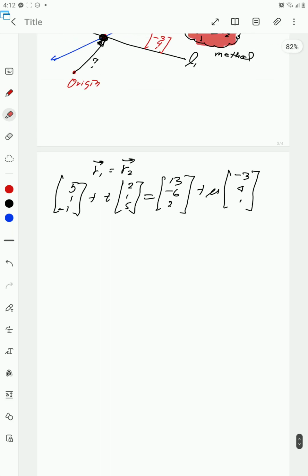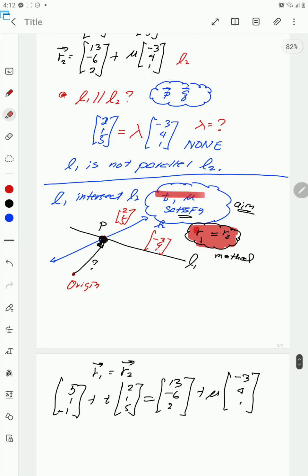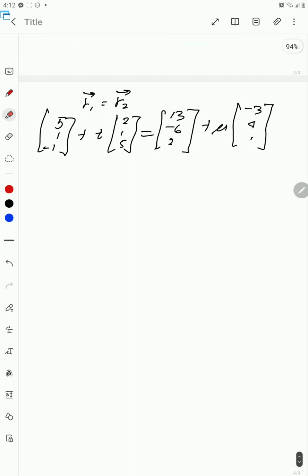Our aim is to find the t and mu that will satisfy both of them. So how shall we do it? The next step is to break them down into simultaneous equations. You will have 5 plus 2t equal to 13 minus 3 mu, so be careful with the sign.